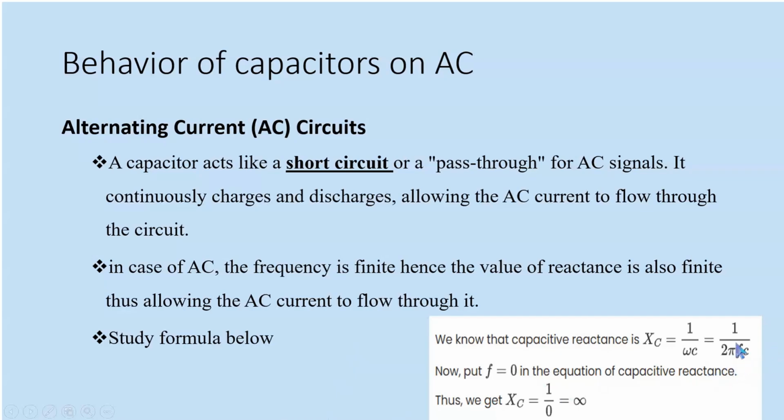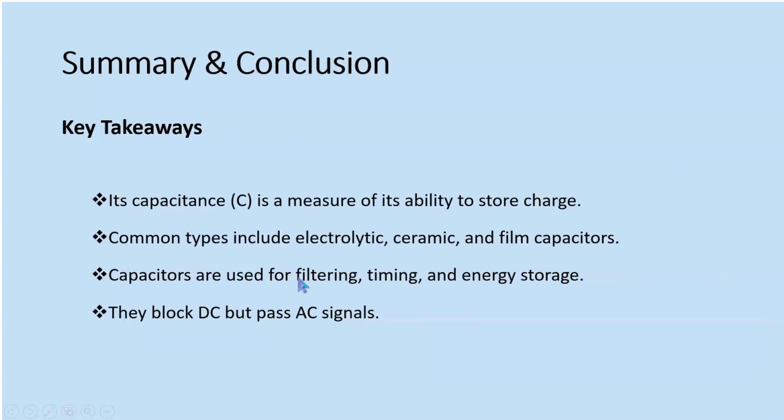With DC, f is 0, and that's why Xc becomes infinite. It is too big. Therefore, the capacitor sees an infinite resistance and cannot pass current from one side to the other.